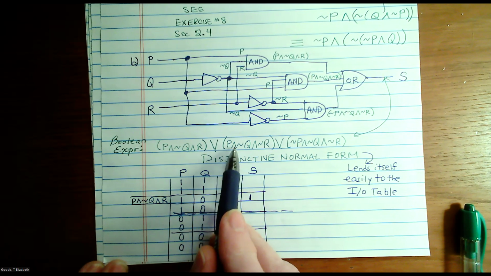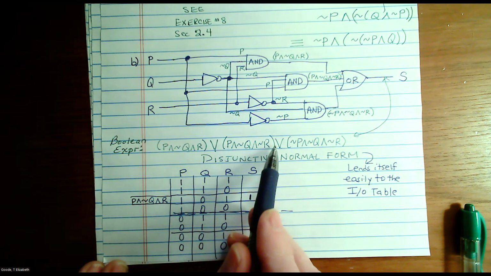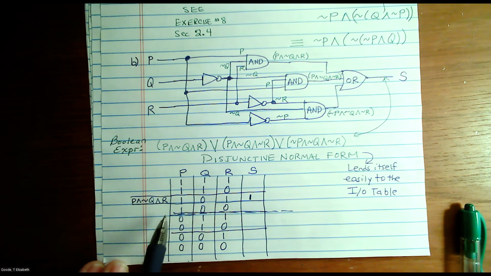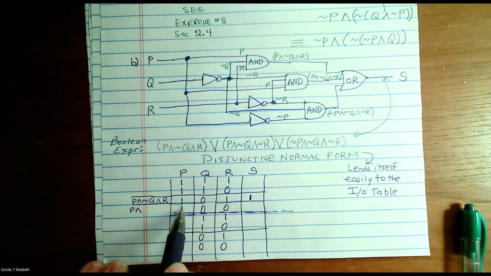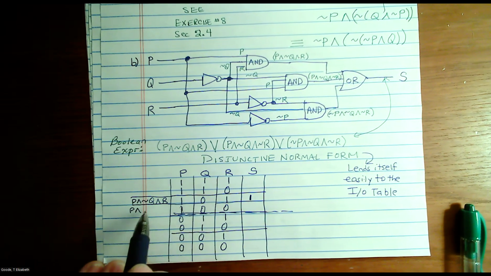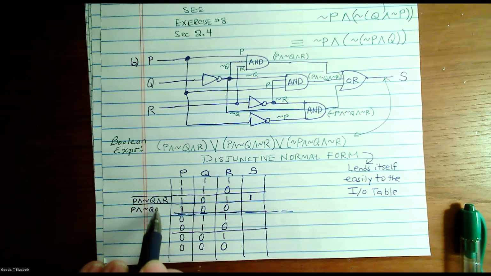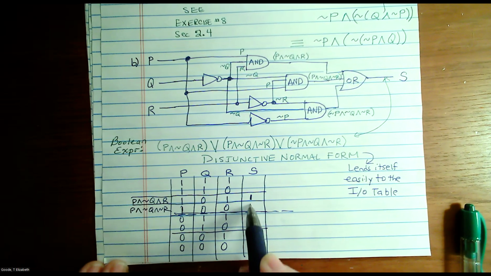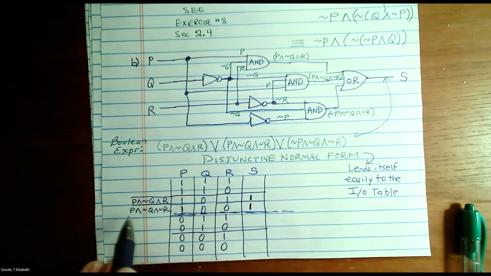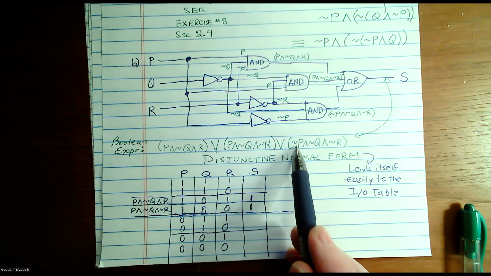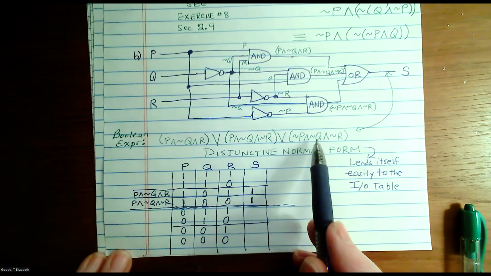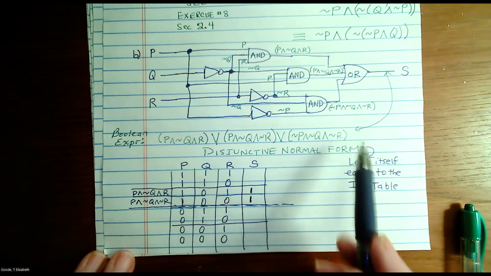Which row is P and not Q and not R? The fourth, because P is hot, Q is cold, and R is cold. So we want a 1 there. And then we want a 1 when P and Q and R are all cold.